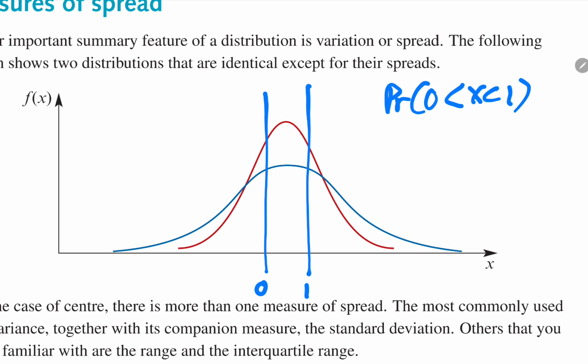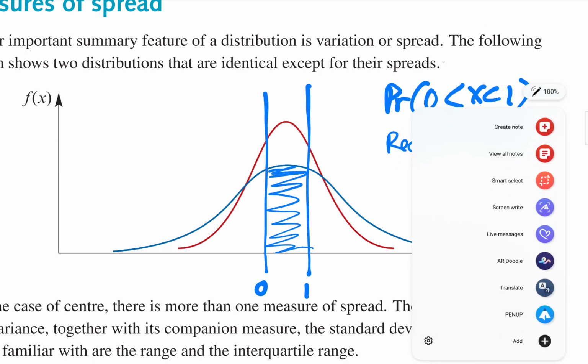And the blue curve only has this much. So the probability for the red has the bigger area than the blue. What does that mean?